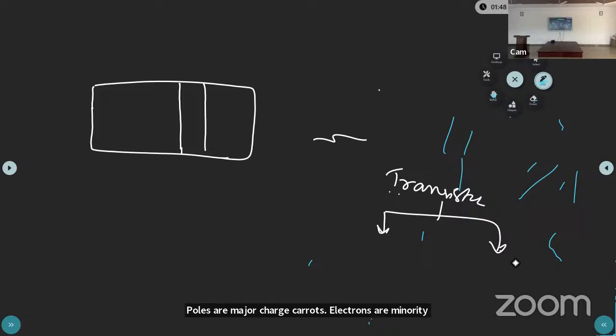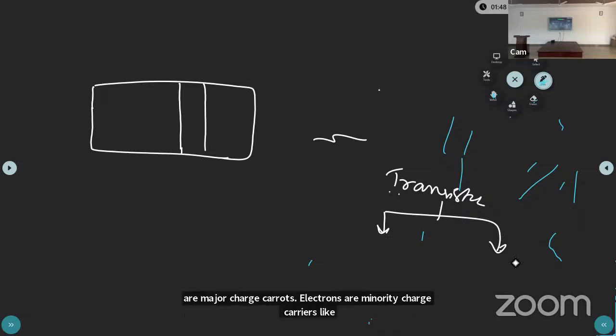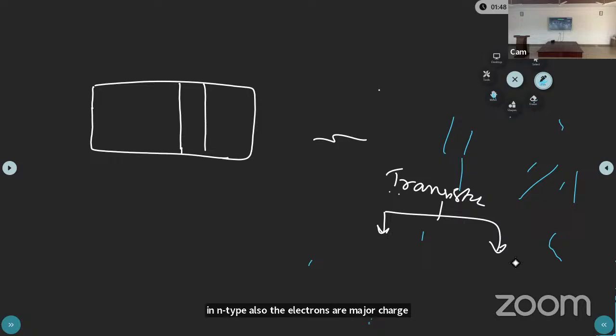Like in n-type, the electrons are majority charge carriers and holes are minority charge carriers. If both majority and minority are involved in the current conduction, that is called bipolar. If only one type of charge carrier is involved, those devices are called unipolar devices.